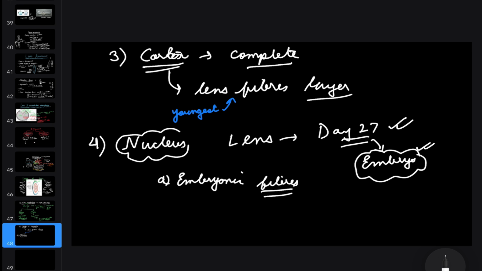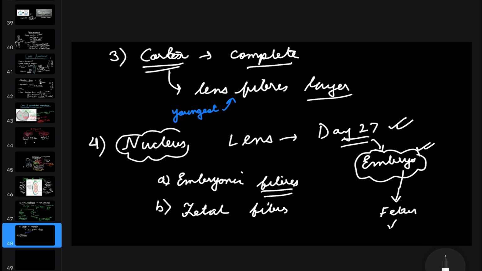Now as the lens develops more, as the period of gestation progresses, the embryo grows into a fetus, and as such new lens fibers are laid over the embryonic lens fibers, and these new lens fibers are known as the fetal fibers.